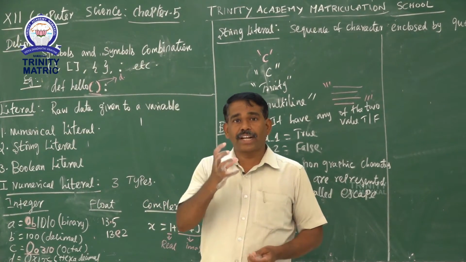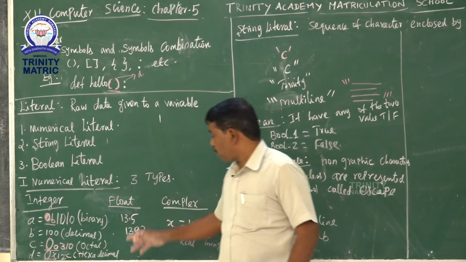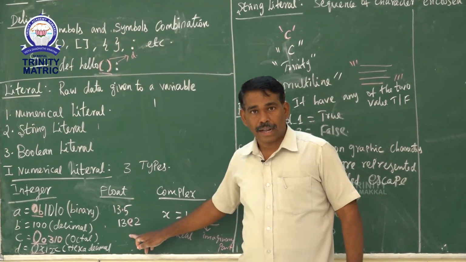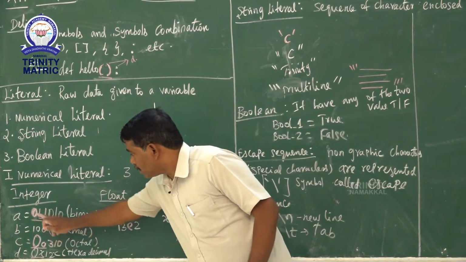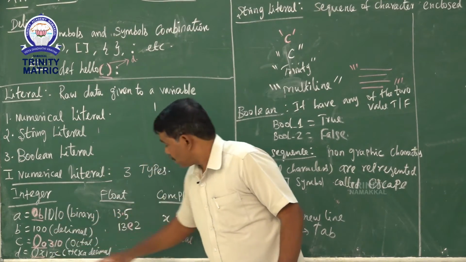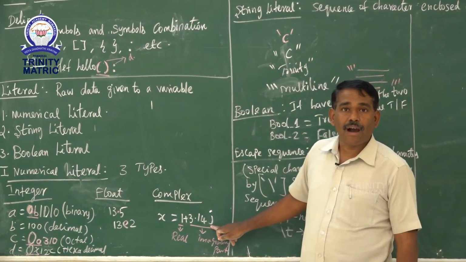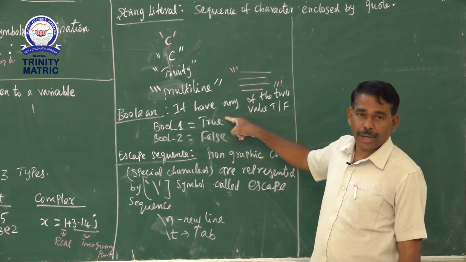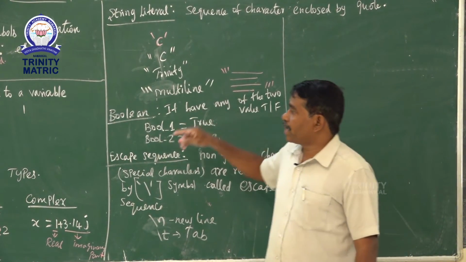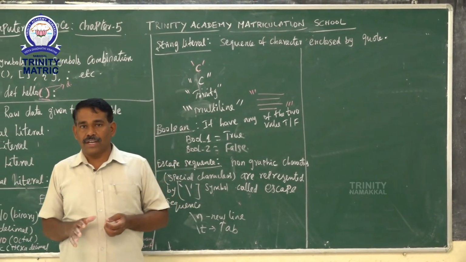These are the integer data types, and these are the floating point data types, as well as this is a complex data type, and this is a float data type. So up to data types, chapter 5 is completed.